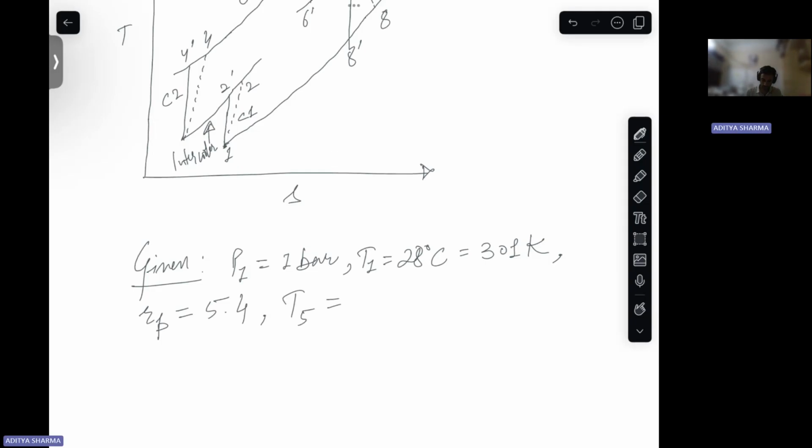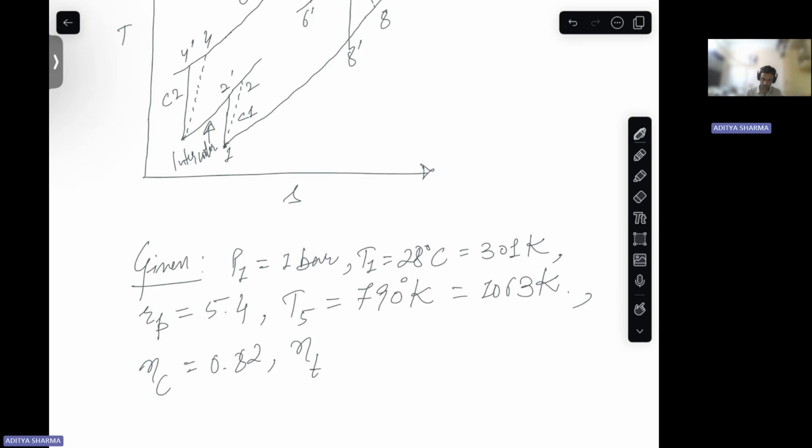Then maximum temperature at the exit of combustion chamber is 1063 Kelvin. For your compressor, efficiency is 0.82 for both the compressors, for each compressor, and for turbine also 0.82.